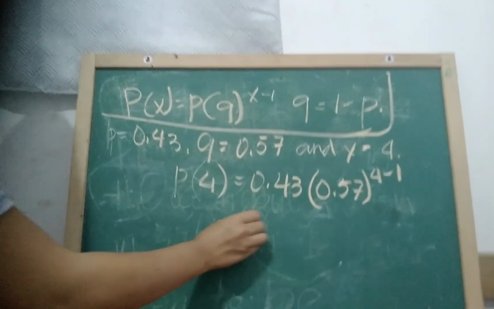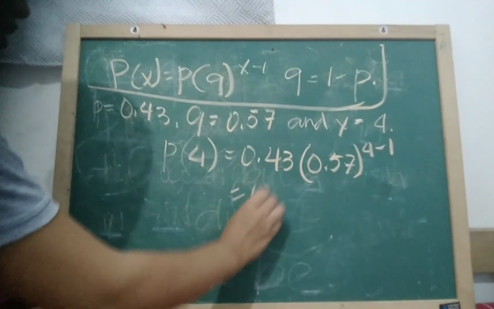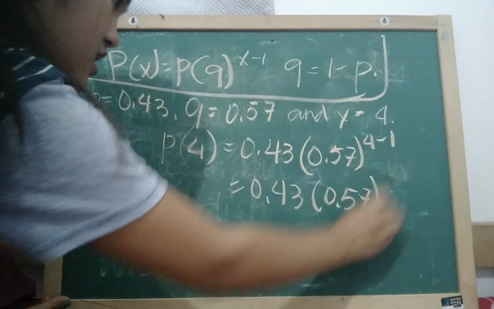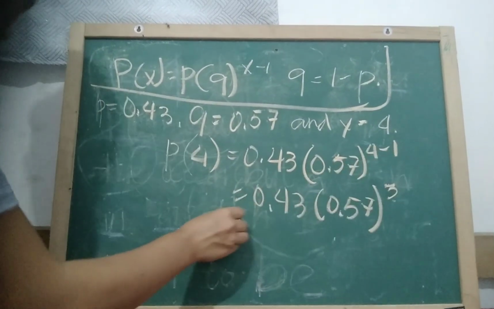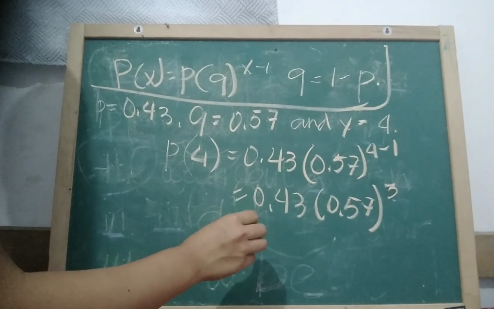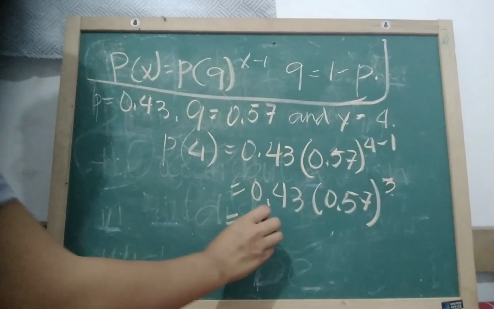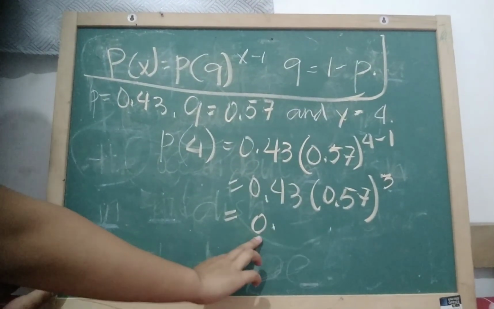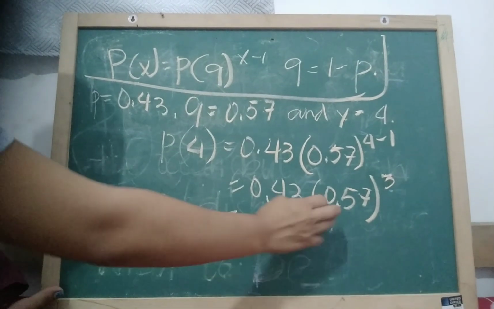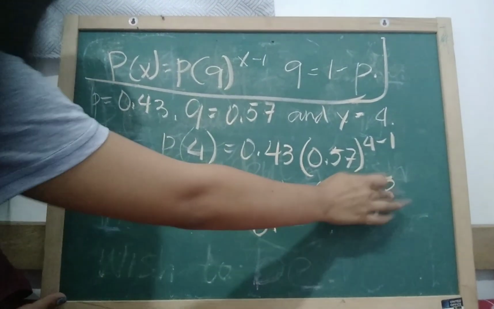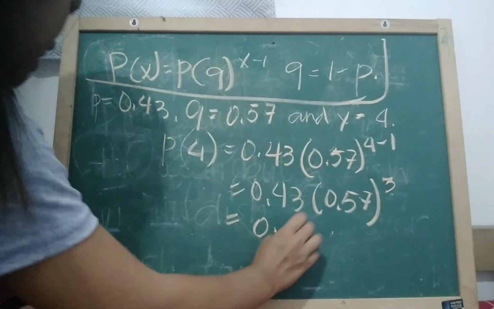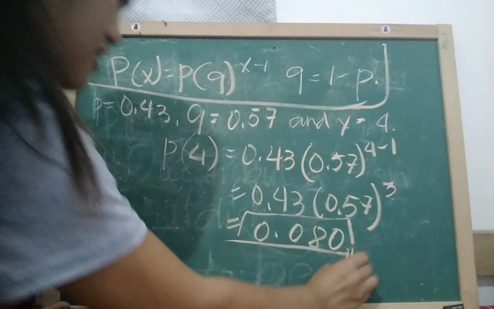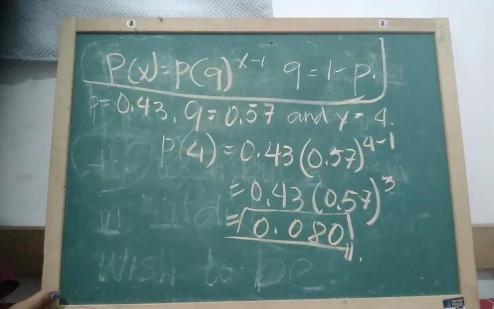So 4 minus 1 is 3. 0.43 times 0.57 raised to the power of 3 is 0.080. So this is our answer.